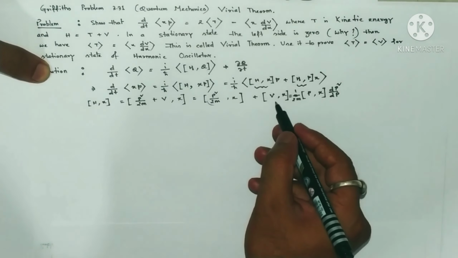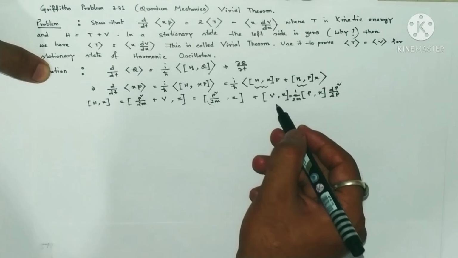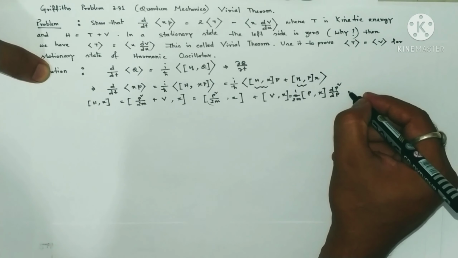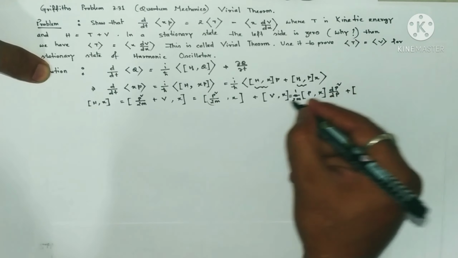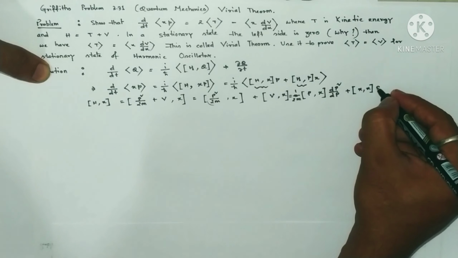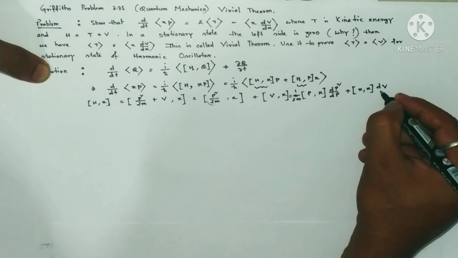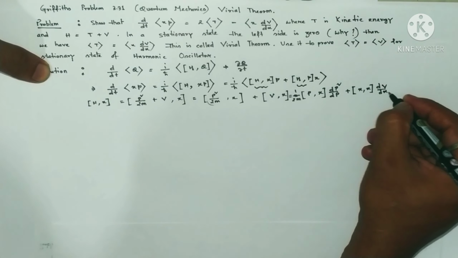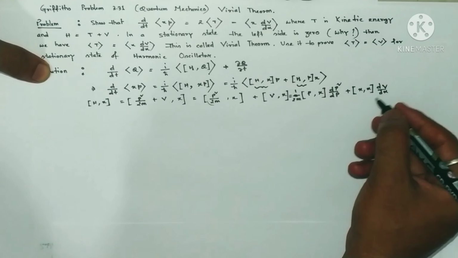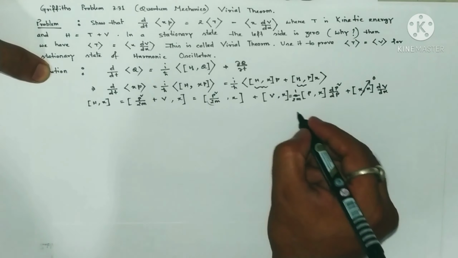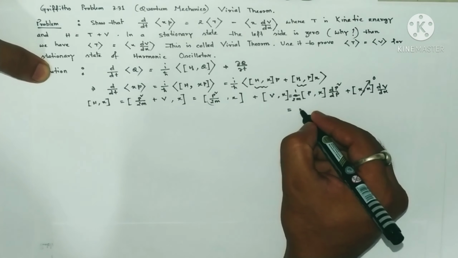Since the potential is a function of x, we write x comma x and differentiate that function of x with respect to x itself. But the commutator of x comma x gives 0, so this term is 0, and we are left with this.